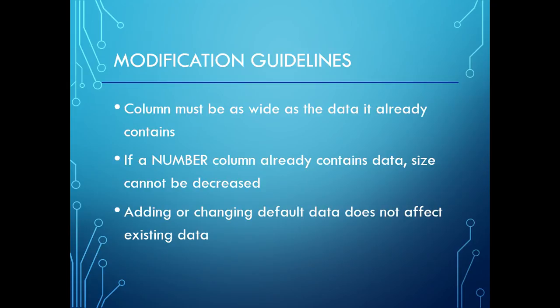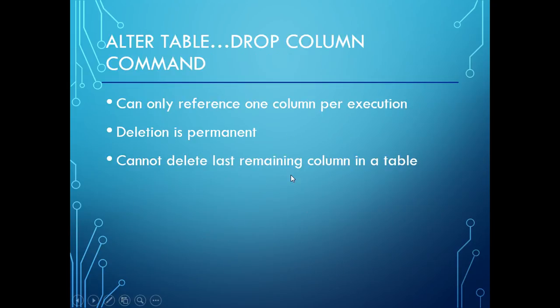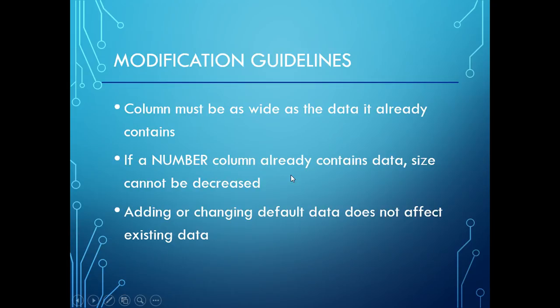So if we tried to make it fit a varchar 20, but we had a city value that was 25, it wouldn't let us do that. So if we have a number column and it already has data, we can't make it smaller. And again, adding or changing the default value does not change existing data.